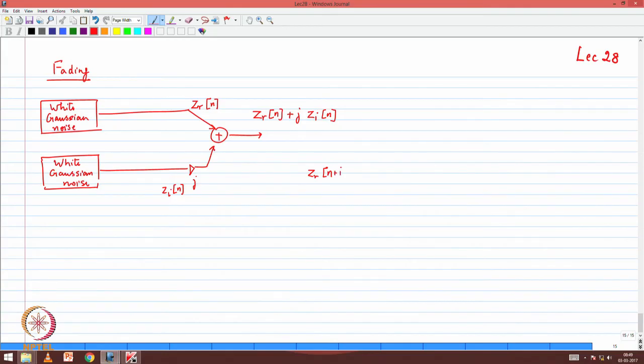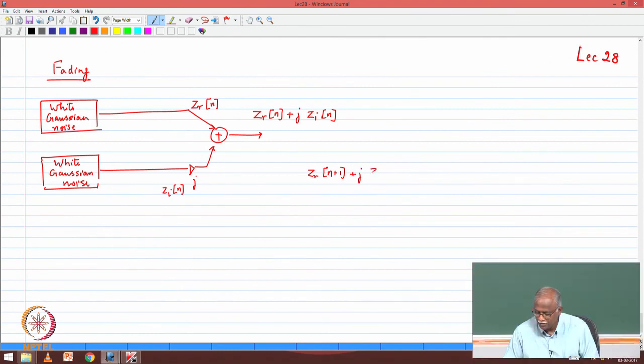Only one tap is needed. If I change Zr of n to Zr of n plus 1 and Zi to Zi of n plus 1, is there any correlation between these two? No. Why? Because independent samples were being generated.